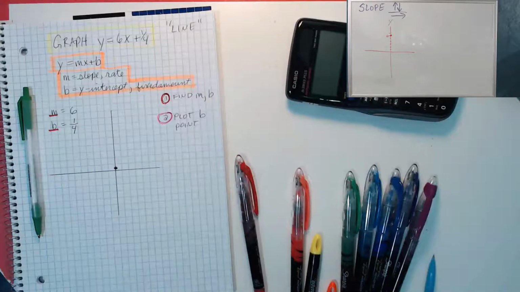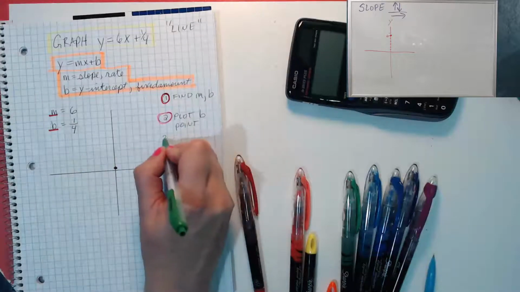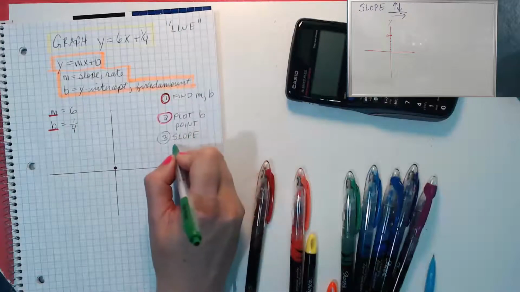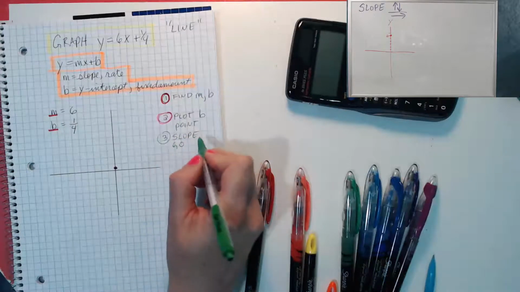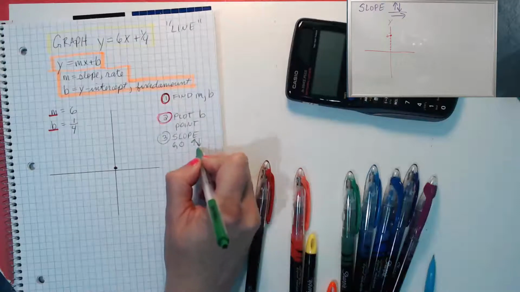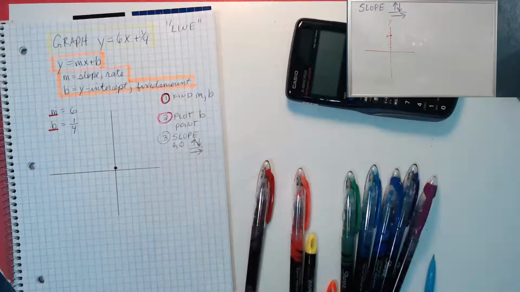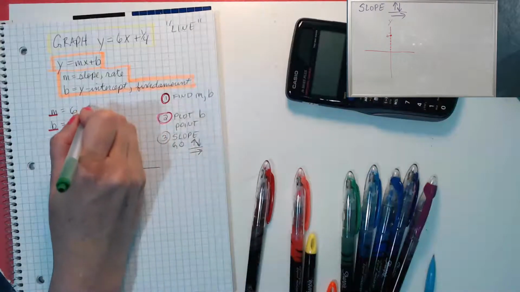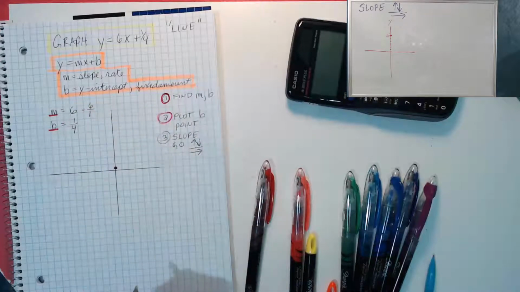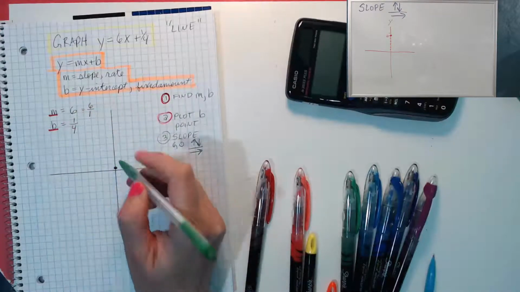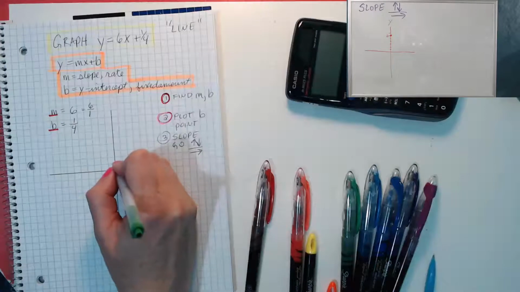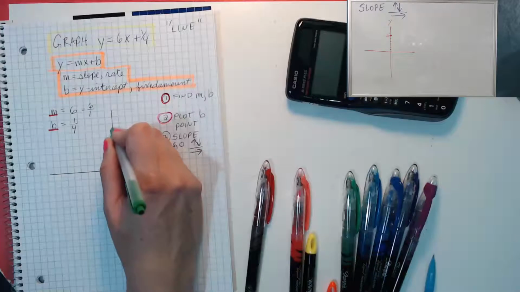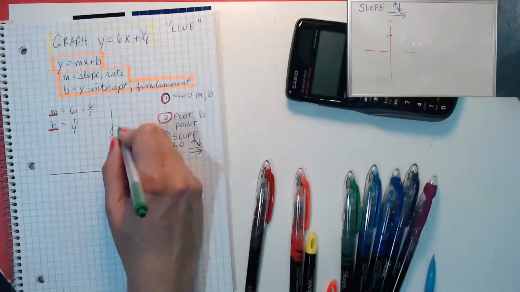Now, number 3, for the slope, go up or down the top number and over to the right the bottom number. So our slope is 6, which is the same as 6 over 1. So we're going to go up 1, 2, 3, 4, 5, 6, and then over 1.